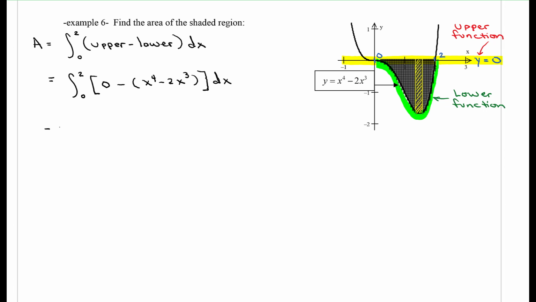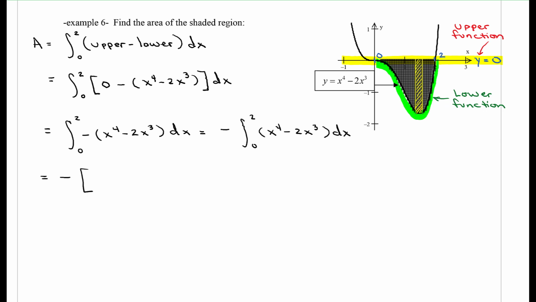This is going to be equal to the integral from 0 to 2 of, I'm going to write a negative in front of a set of parentheses. Inside the parentheses we have x to the 4th minus 2x raised to the 3rd, close the parentheses, dx. This is going to be equal to a negative times the integral from 0 to 2 of, open up a set of parentheses, x to the 4th minus 2x to the 3rd, close the parentheses, dx.